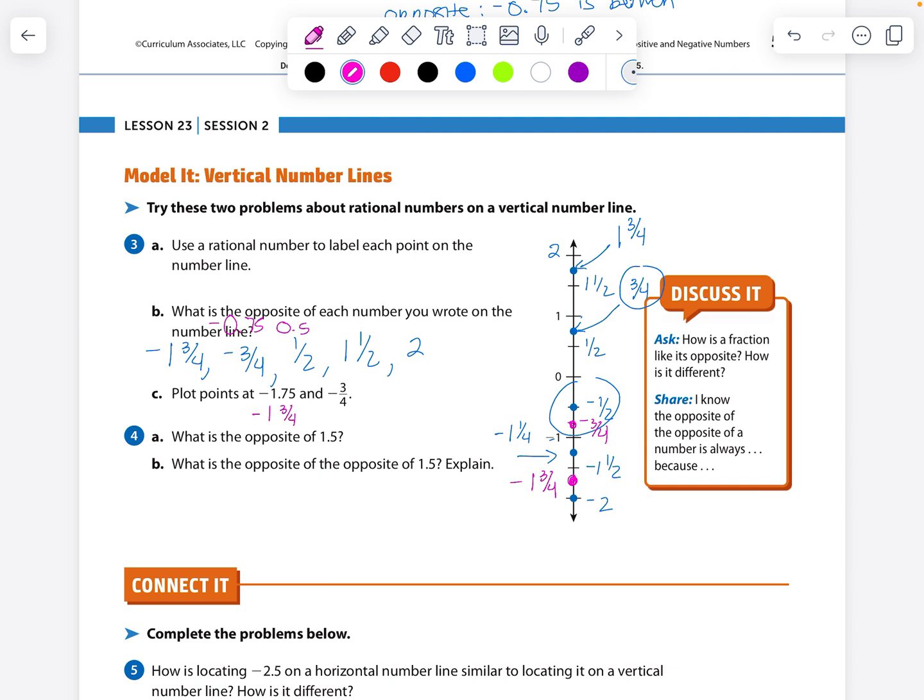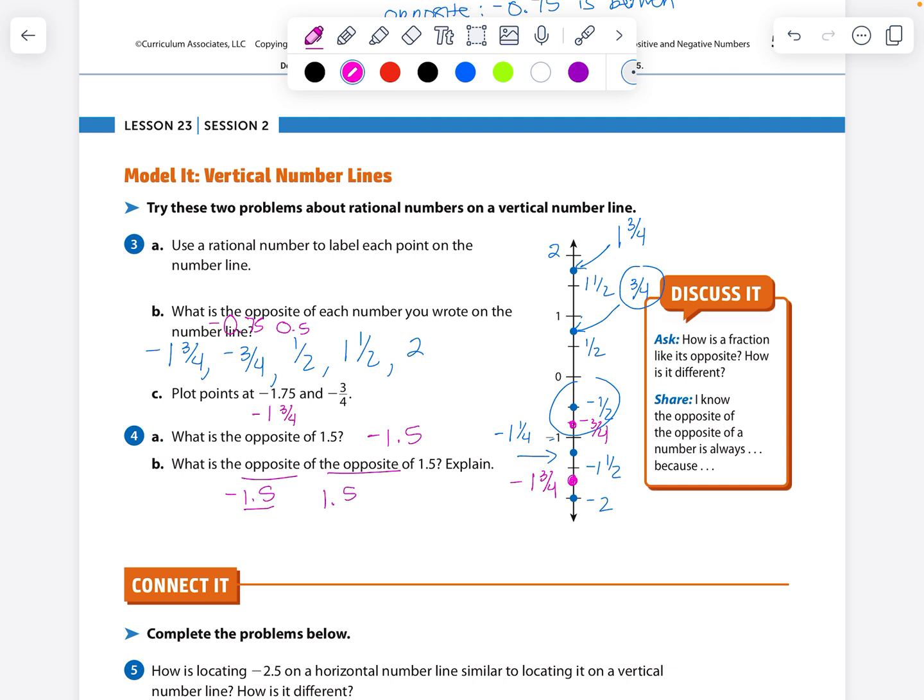Number 4, what is the opposite of 1.5? It's going to be -1.5. What is the opposite of the opposite? Explain. Oh my gosh, I didn't read that. So the opposite is like that, right? But then the opposite of that is 1.5.